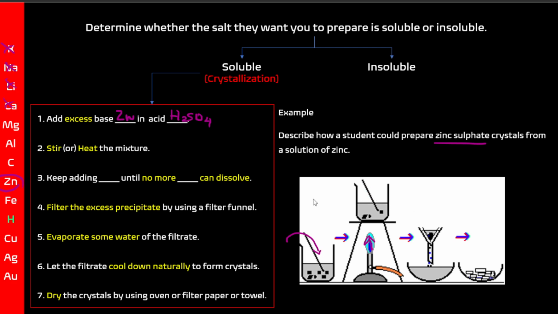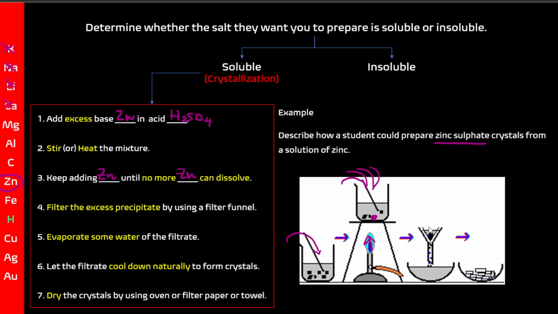To make sure that the solution is saturated, we keep adding zinc until no more zinc can dissolve. At one point when you keep adding, there will be a precipitate at the bottom. If a precipitate starts to form, you know that your zinc is in excess.